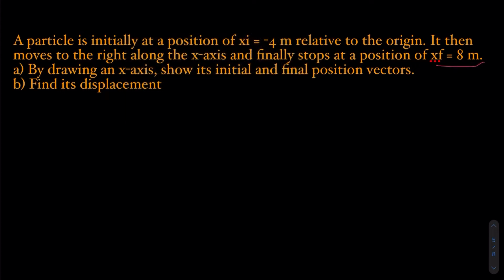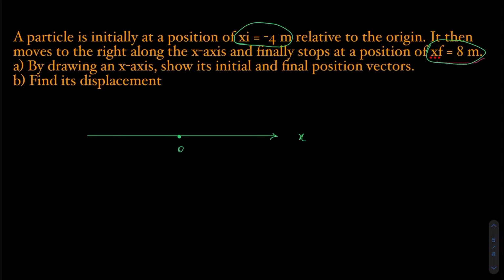So if I draw a line as the x-axis, and I set the middle as the origin, 0, the origin of this axis, therefore we have two vectors to show on this horizontal axis. One is x initial and another one is x final, both of which are vectors.